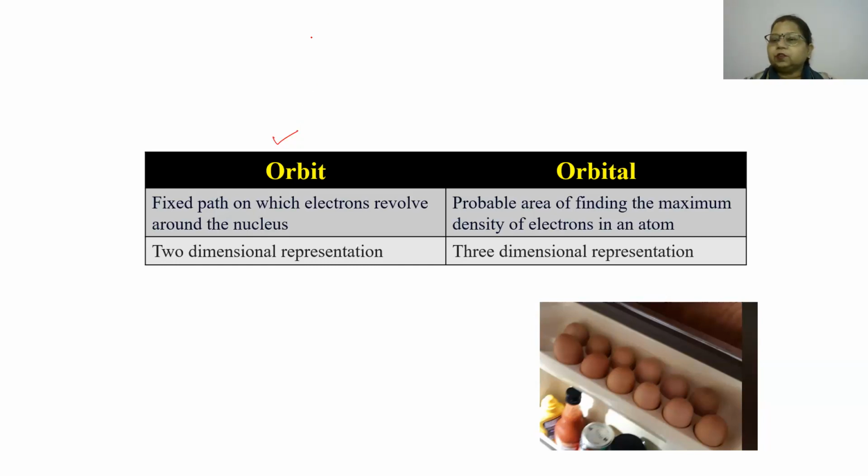I believe all of you remember that, or else I'm going to give you a quick recap. It is the 2n square rule. It has two parts. One is that the maximum number of electrons in any shell is given by 2n square, where n is the number of the shell. If the number of the shell is 2, it will have 8 electrons. And the second part of the rule was also there.